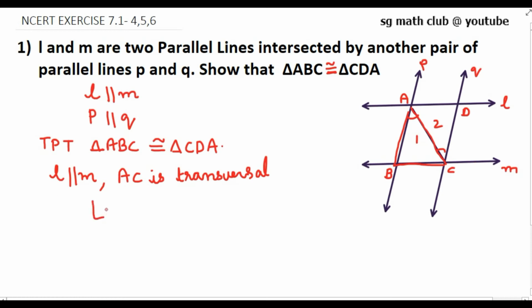So I can write angle BAC is equal to angle ACD. The reason for that is alternate interior angles. So we got one parameter. And the second one, in the same way, if you consider P and Q as parallel lines, and again the same AC as transversal, then we have two alternate interior angles.